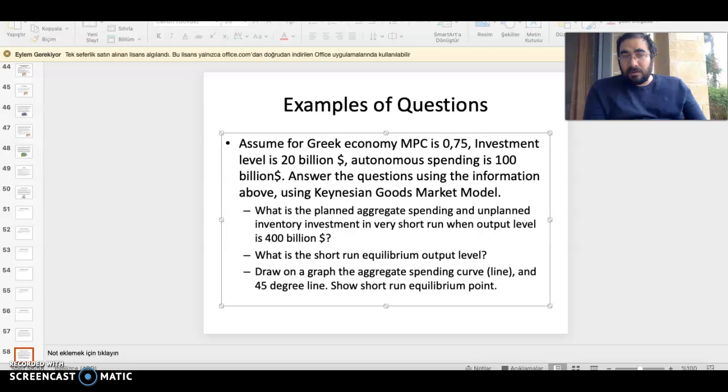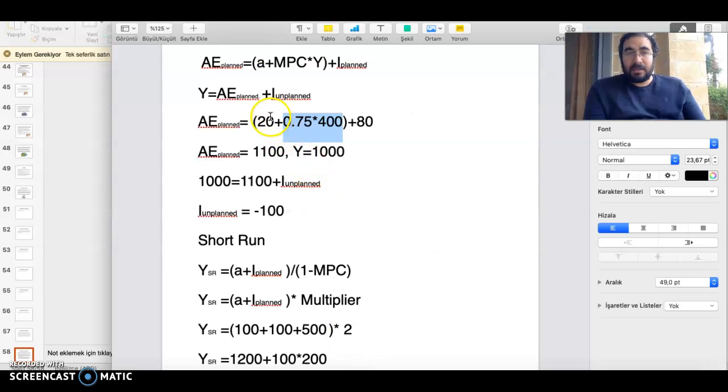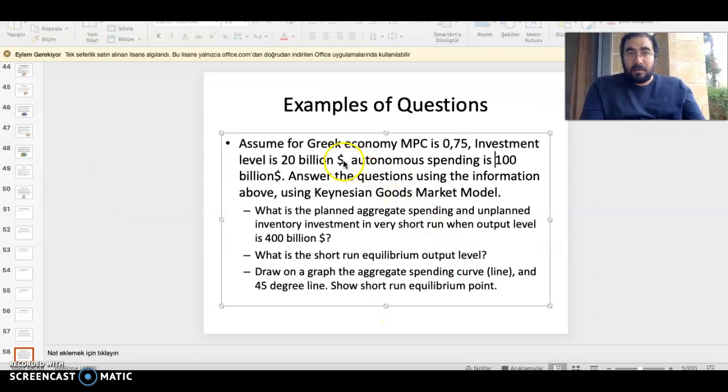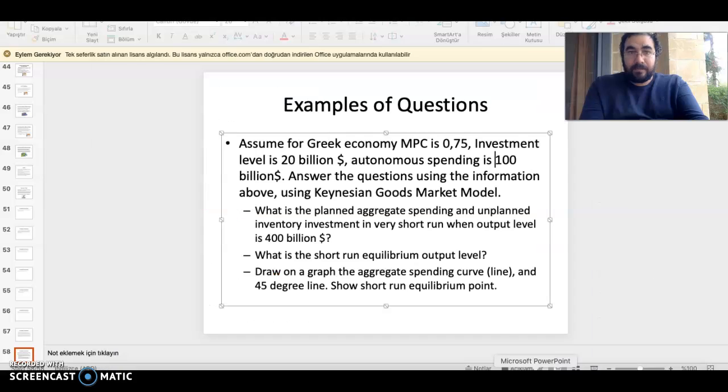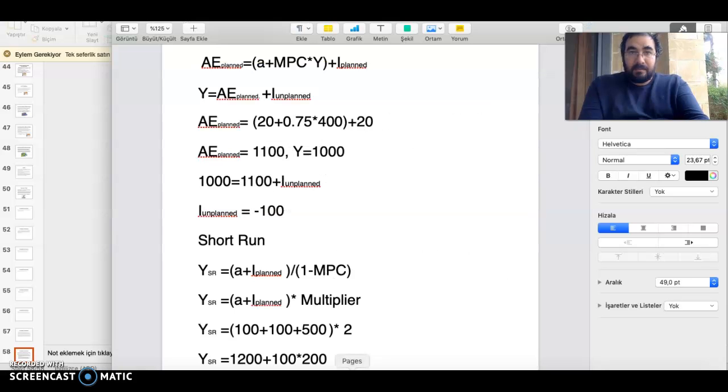I mean, the output level will be equal at the equilibrium. So just for fun, let's make this 20. I'm sorry, this is 20. Okay, investment level is 20. Let's make the autonomous consumption spending, previously actually it was like this, 20 and 80. Now let's make this 100.